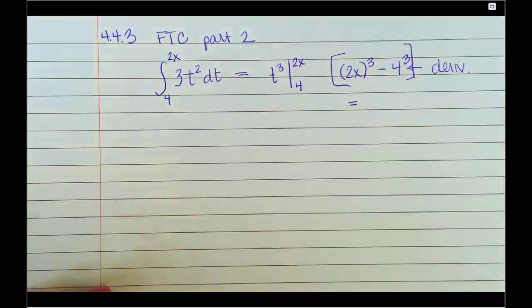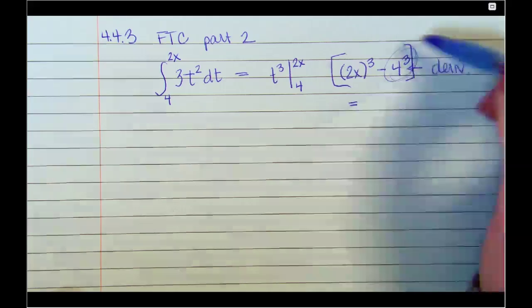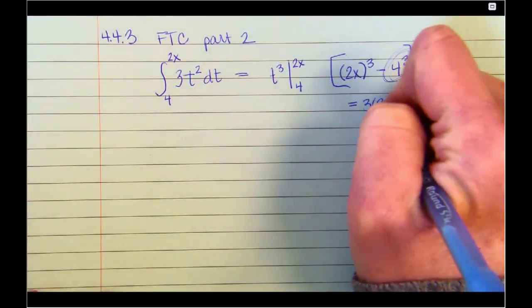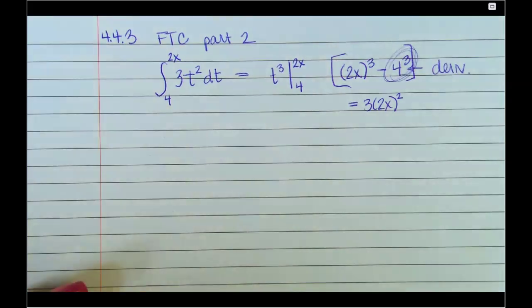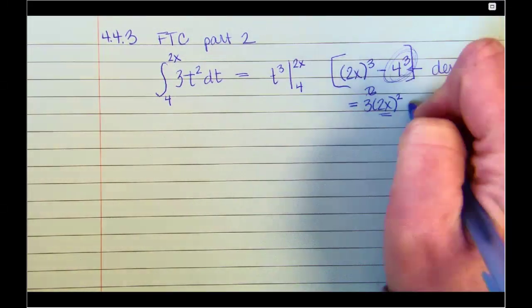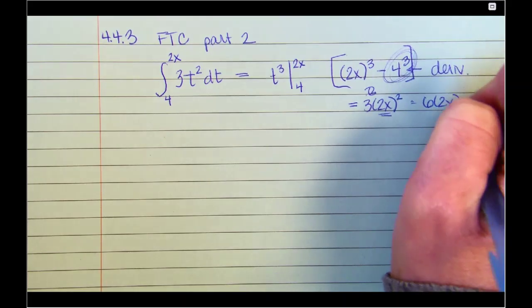What do you get? 3 times 2x squared minus 12 times 4x squared. Nope. Well, listen, this just threw you off the way it's written. What is that? 64. It's 64. What's its derivative? Okay, let's go back to the first thing Caleb said. So Caleb said 3 times 2x squared, mostly correct. Times 2 because chain rule, right? So times 2. So this is 6 times 2x squared.